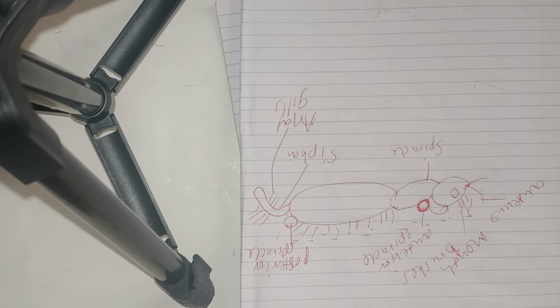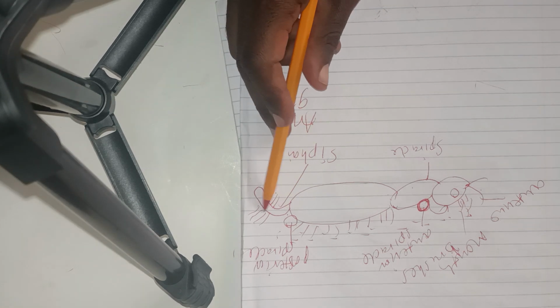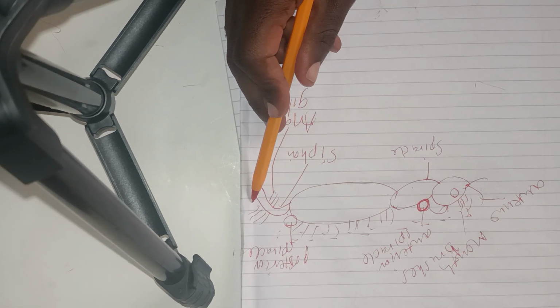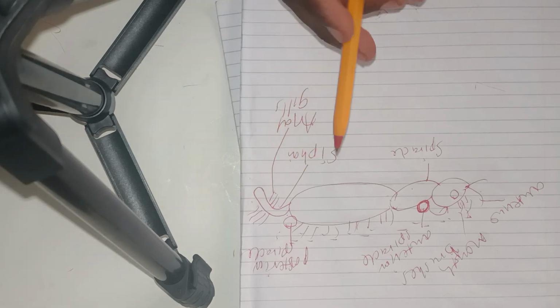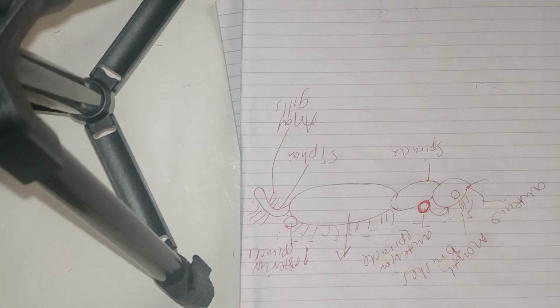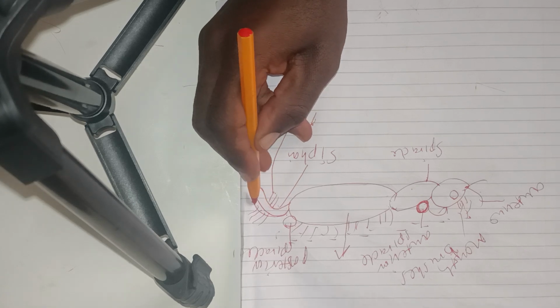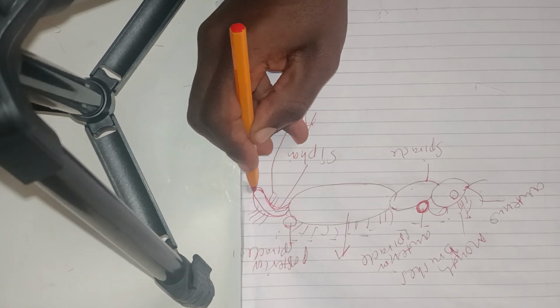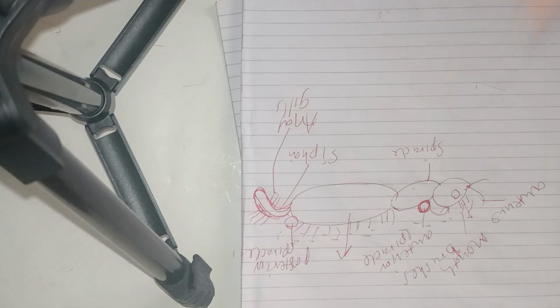So you'll realize that the siphon is opened. Look at that. When the larva comes to the surface of the water, this siphon is actually able to get opened. And when this siphon is opened, it can actually allow the valves to close when it gets submerged into the water.